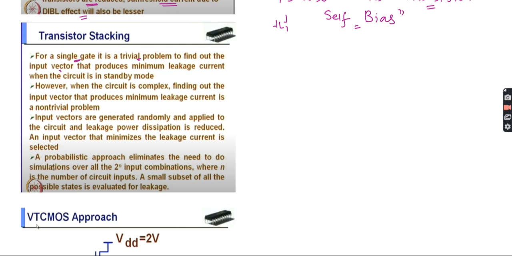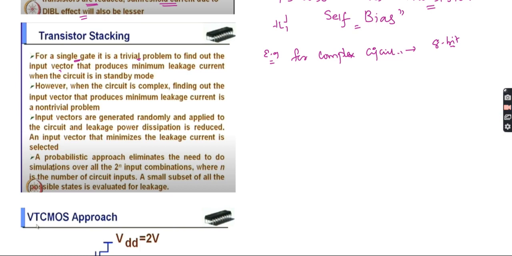For complex circuits, the input vector which produces minimum leakage current is a non-trivial problem. Even for an 8-bit circuit, it is very difficult for us to find out which will provide the minimum leakage current.